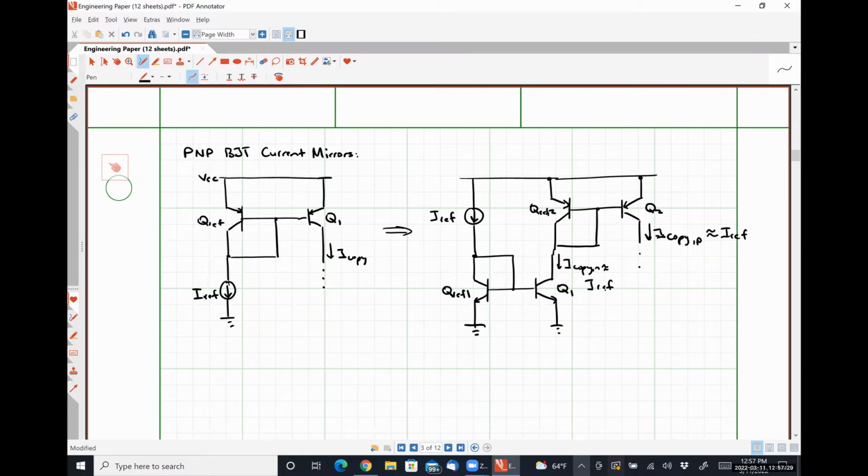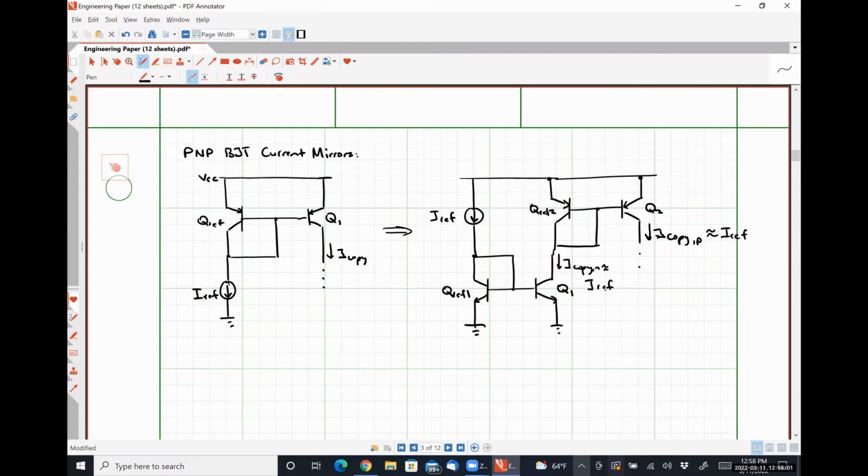So as you can surmise, this also leads to error or problems with the error, in as much as we have this guy supplying base currents for QREF1 and Q1, and then this guy is responsible for supplying the base currents for QREF2 and Q2 and any associated transistors as well. Obviously, we can fix things using the emitter follower resistance as before.